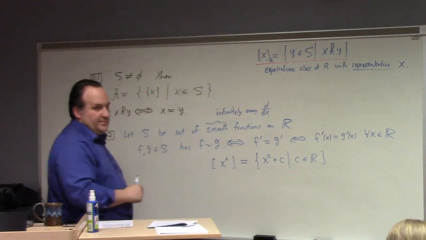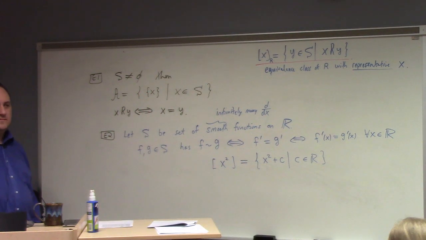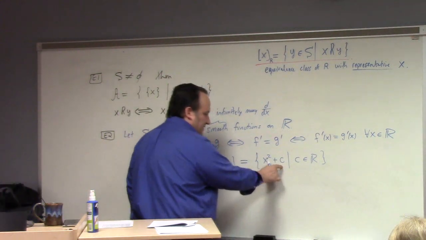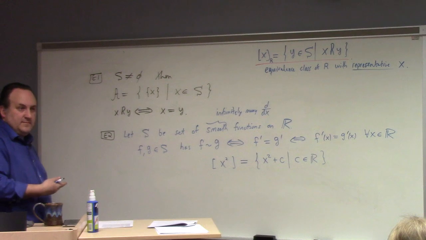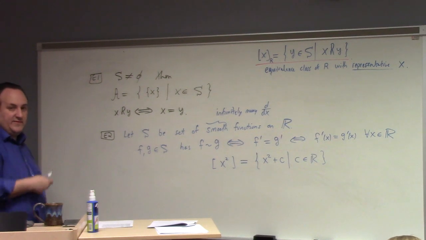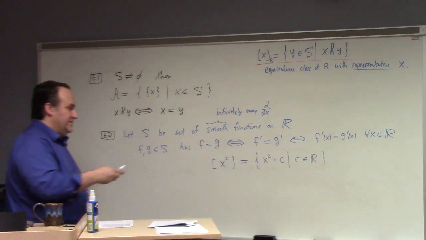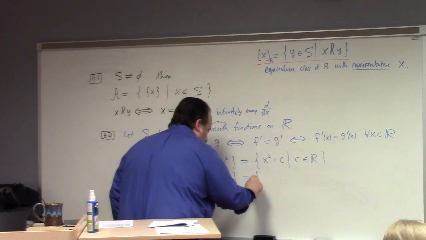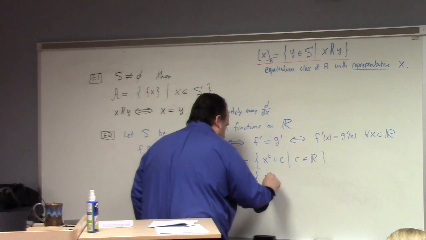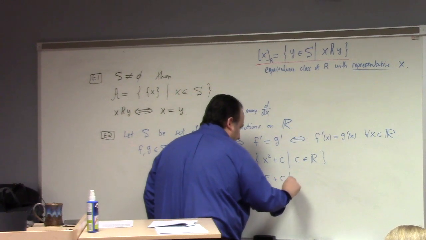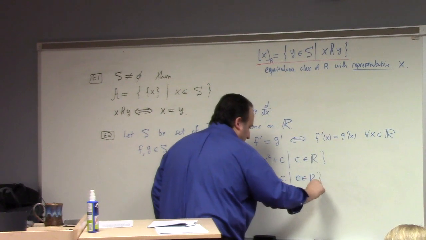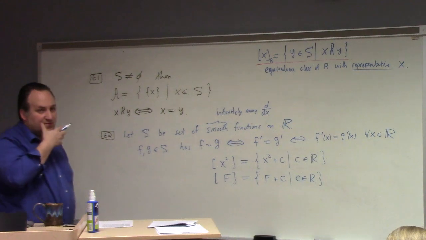Anything of that form, if I differentiate it, what do I get? I get 2x, the derivative of x squared. So this is every kind of function that's equivalent to x squared under this equivalence, that they have the same derivative. So if I took an arbitrary function, like, say, big F, and I asked what's the equivalence class of that, it would be big F plus c, where c is a real number. Have you ever worked with this equivalence relation before?